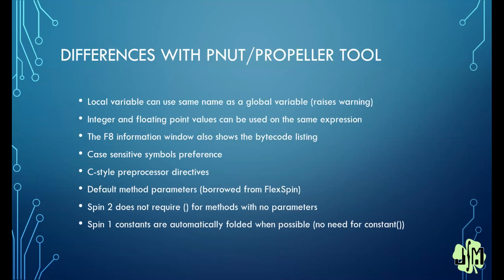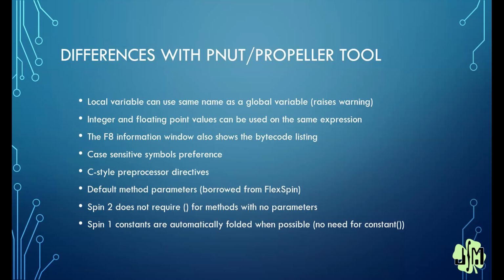And here are some differences that you have to be careful about. In all of my testing, anything that I do, I will then save and then go into Propeller 2 and load it and make sure I didn't do anything non-canon there. But you can have a local variable name that is the same as a global. I personally don't think this is good practice.